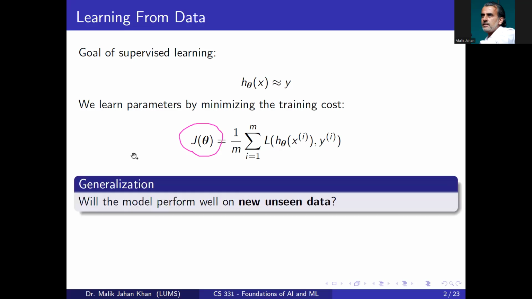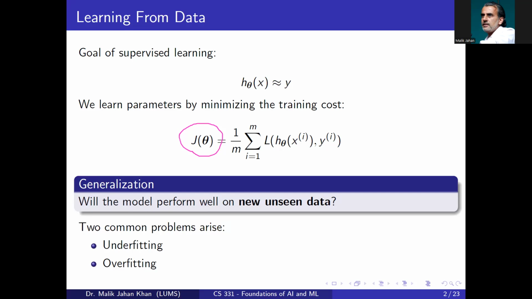So the question is, will the model which we learn perform well on new unseen data? In our previous discussion, we talked about two possible problems which may arise. One is underfitting, where the model is highly biased, and the other is overfitting, where we end up with high variance.